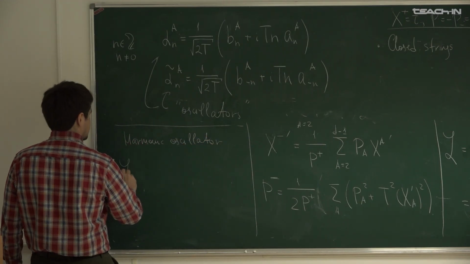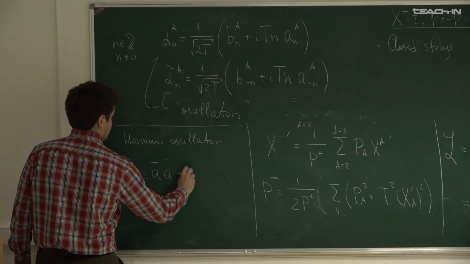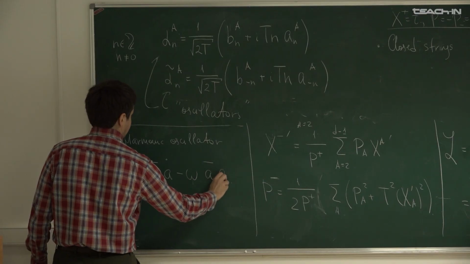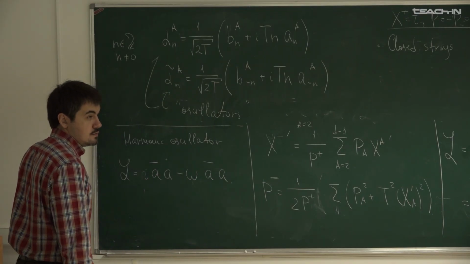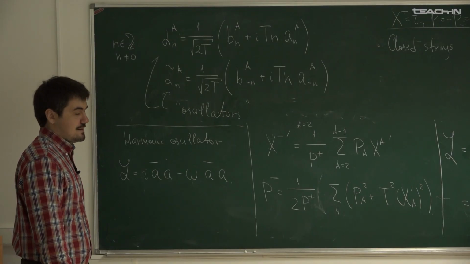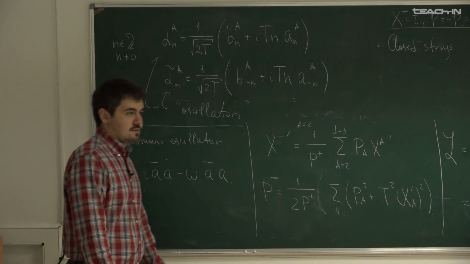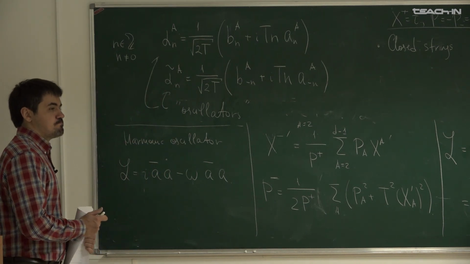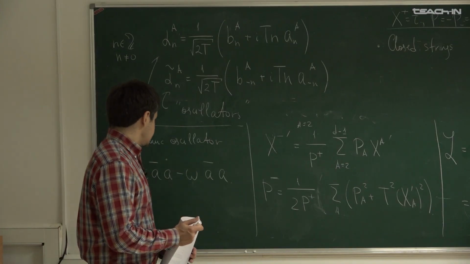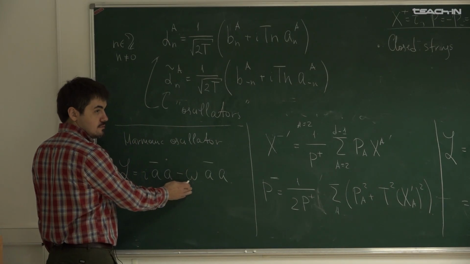So the Lagrangian can be written as i a bar a dot minus omega a bar a. Are you familiar with this? I mean, a is some x plus i p or whatever, p plus i x. So omega is the frequency of the oscillator.